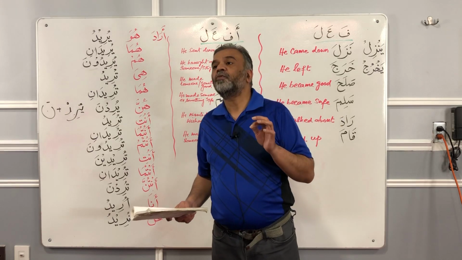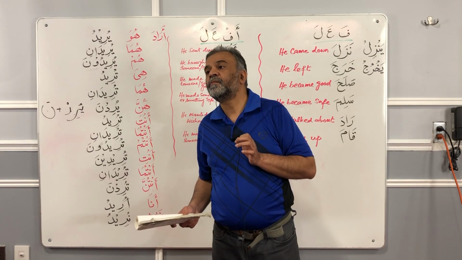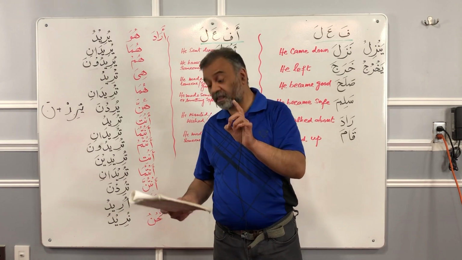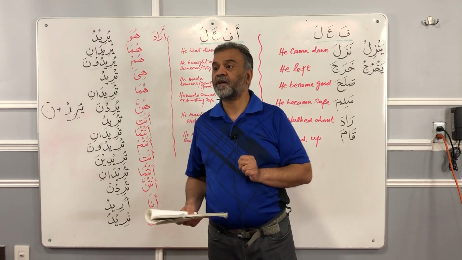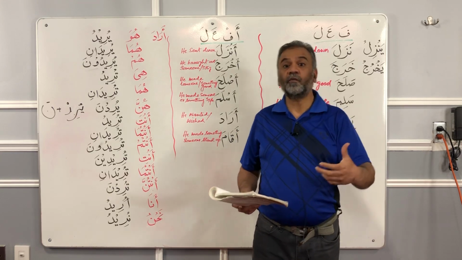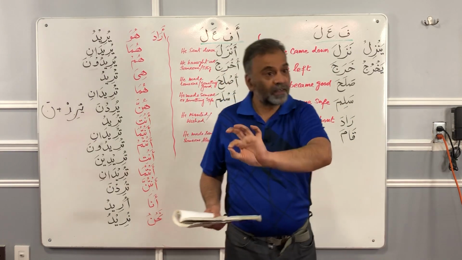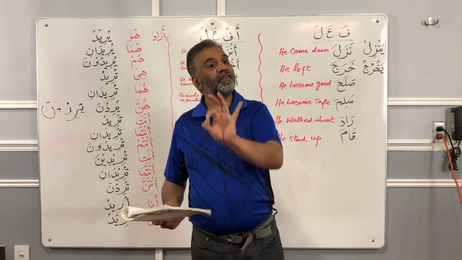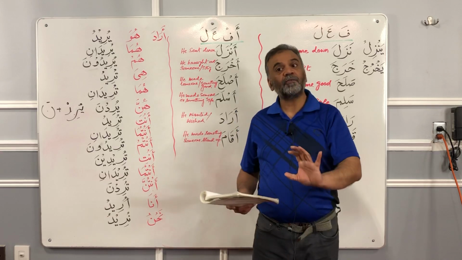But why is it mansub? Because it is a naat for daftaran. Because that notebook, he wants a notebook with what kind of adjective? With lines. And daftaran is mansub because it is mafulun bihi. Why is it mafulun bihi?